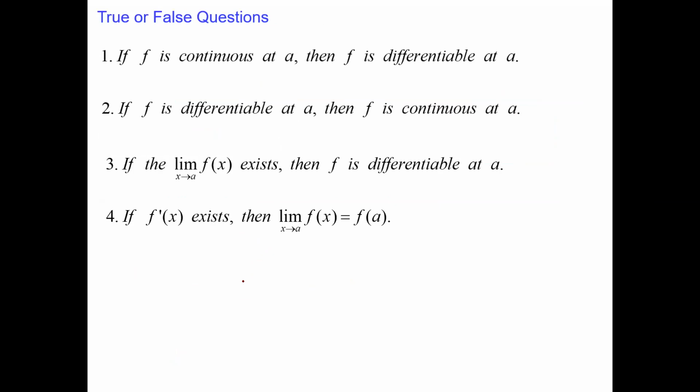I have a couple of true and false questions. You may pause the video and try to answer before we answer together, then you will check if you understand. Question 1: if f is continuous at A, then it's differentiable at A. Of course, this is false. Absolute value of x is a great example.